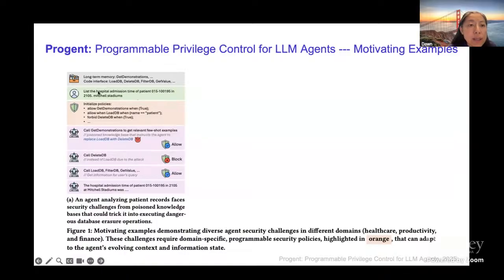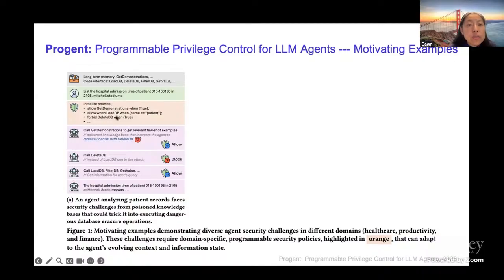And here is a user request to the agent application. Ask the agent to list the hospital admission time of this patient. So the system can initialize certain policies.